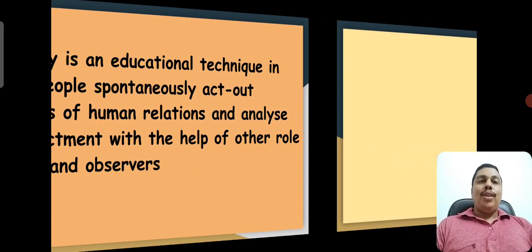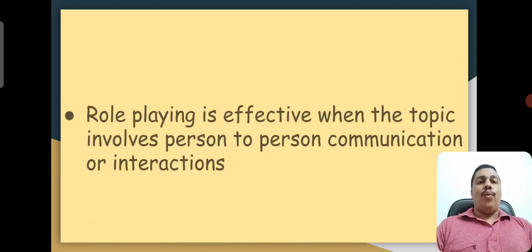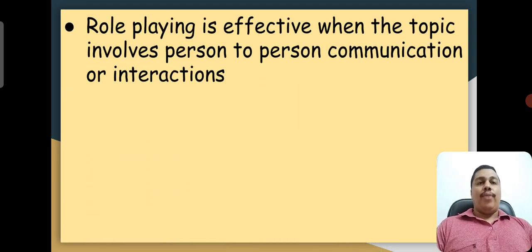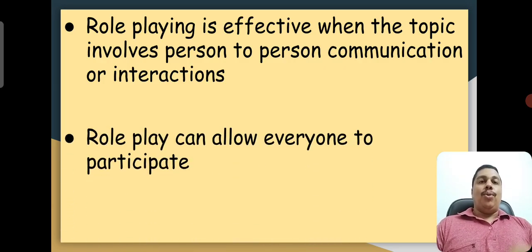Moving on to the next slide, we can see that role playing is effective when the topic involves person to person communication or interaction, and role play can also allow everyone to participate.